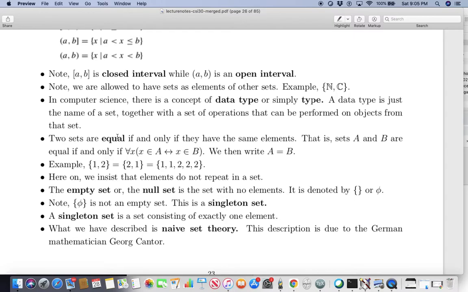Two sets are equal if and only if they have the same elements.